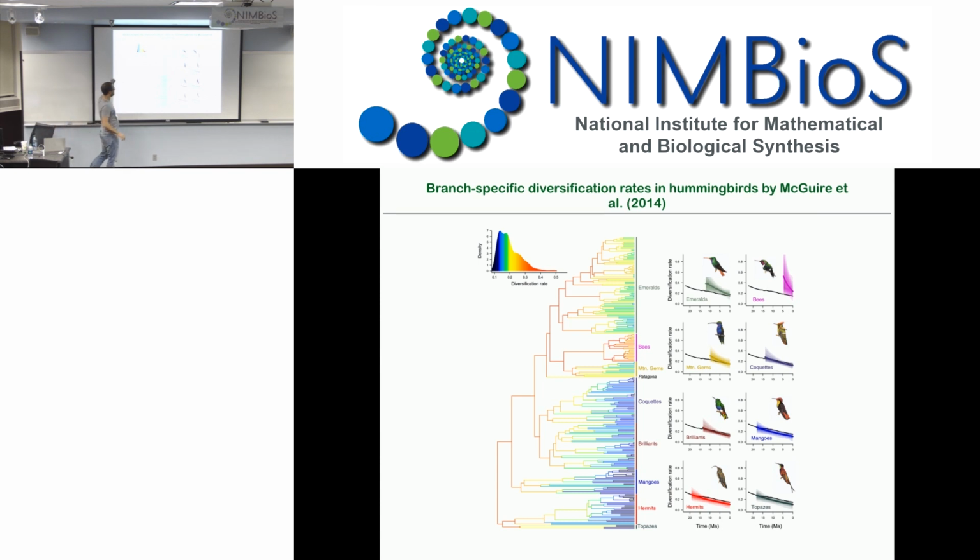There are some examples where this has been applied, but using a slightly different process. As implemented in BAMM, you get especially colorful pictures, where diversification rates change a lot through time. I was just using that figure as an example to show you that there's a lot of expectation that diversification rates change through time quite a lot, although I think that is slightly too much estimated variation than we're actually getting.